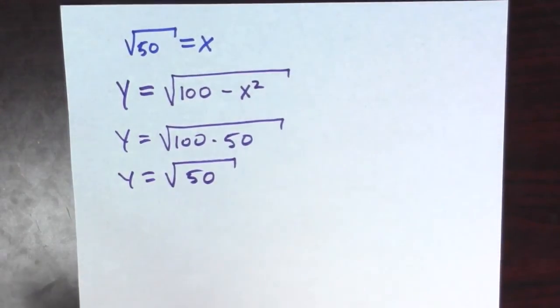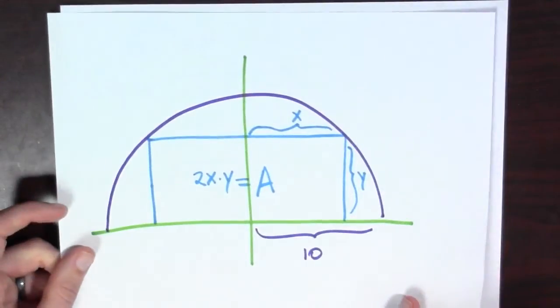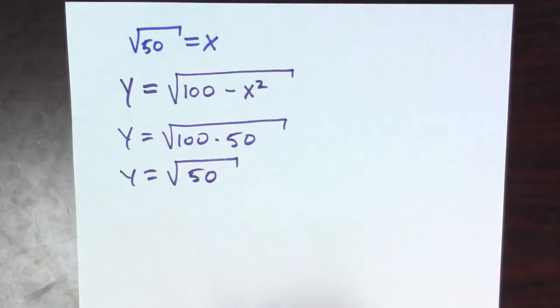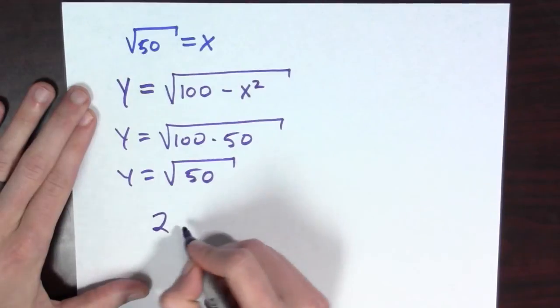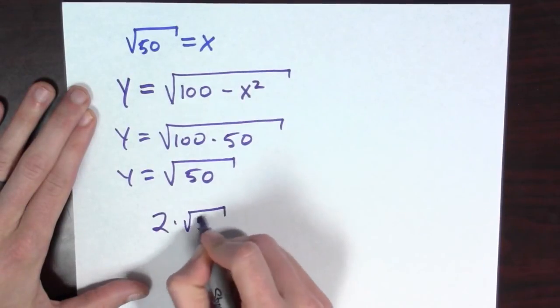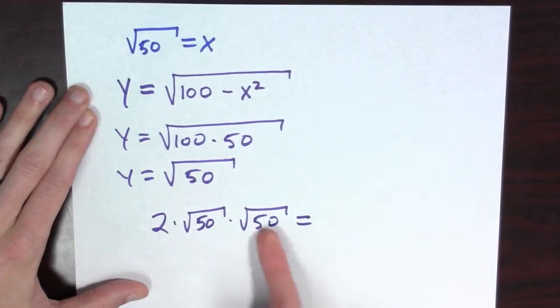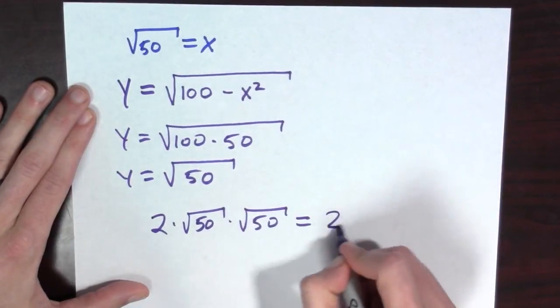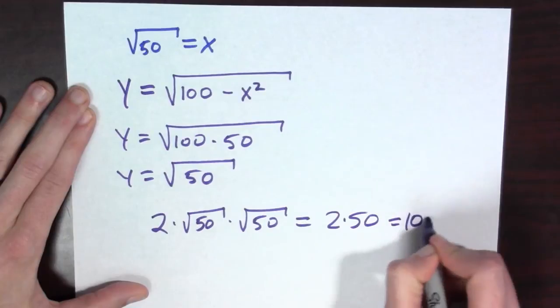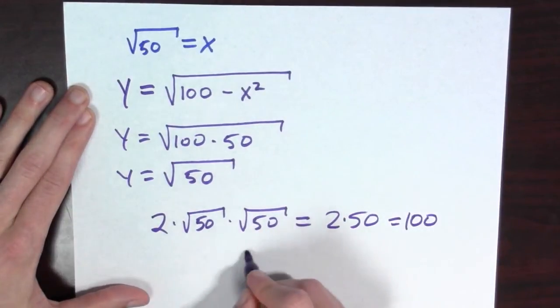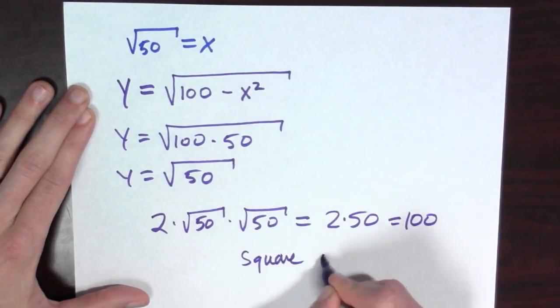And now if we recall from our picture, 2xy equals the area. So 2 times the square root of 50, that's x, times y, square root of 50, is equal to, well, square root of 50 times square root of 50 is 50, so 2 times 50 is equal to 100 square units. And there we have it, folks.